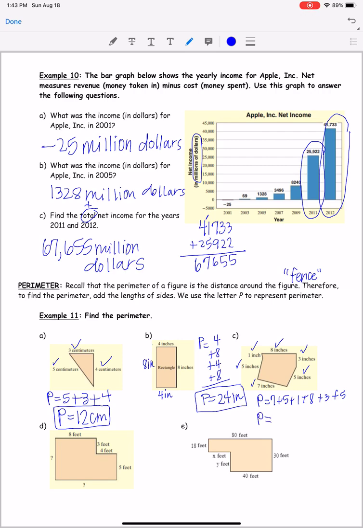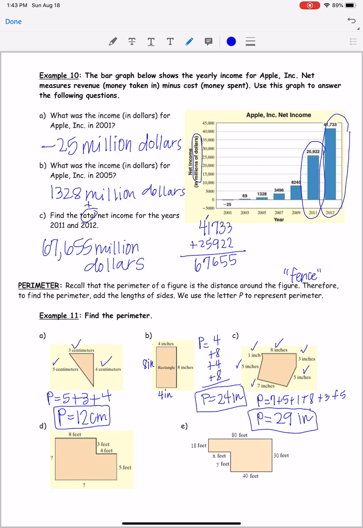Perimeter, we've got 7 plus 5 is 12, plus 1 is 13, plus 8 is 21, plus 3 is 24, and plus 5 is 29. So 29 what? 29 inches.